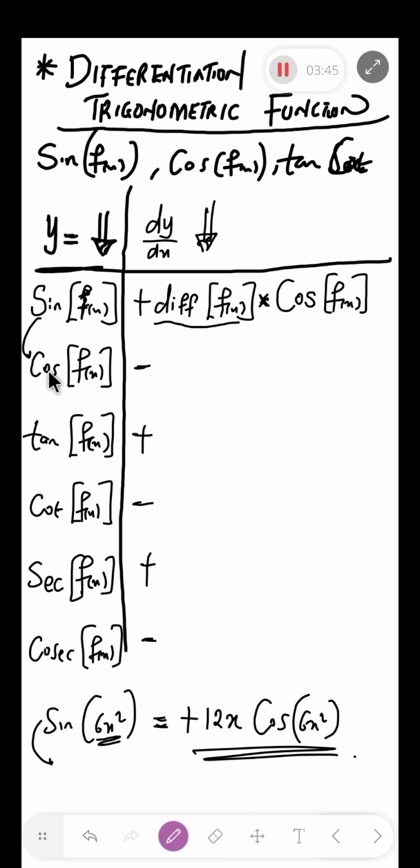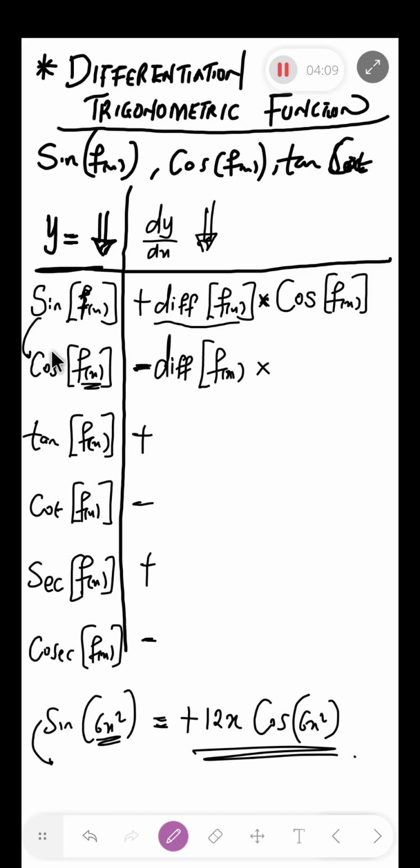The same thing goes for cosine of f of x, such that you already have a negative sign. The first thing to do is to differentiate the function itself, times.